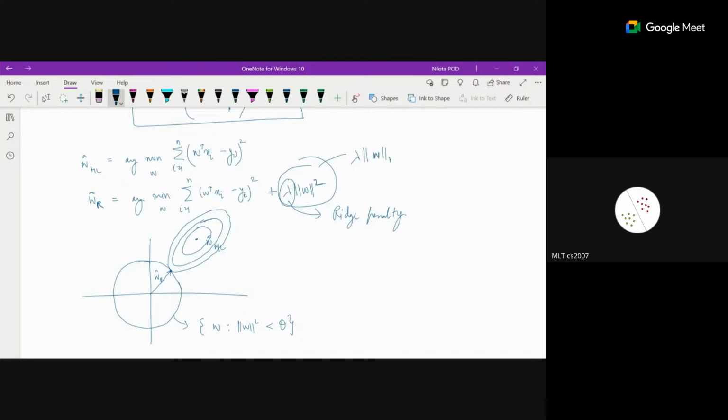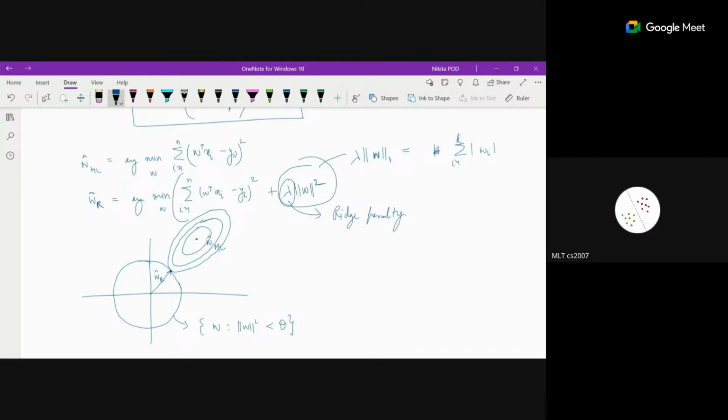And if you remember, this L1 norm of W is given as the sum over, take the absolute value of each of the Wi's, where i is varying from 1 to d, right? Because W belongs to R^d. This was the only change, which we called L1 regularization.